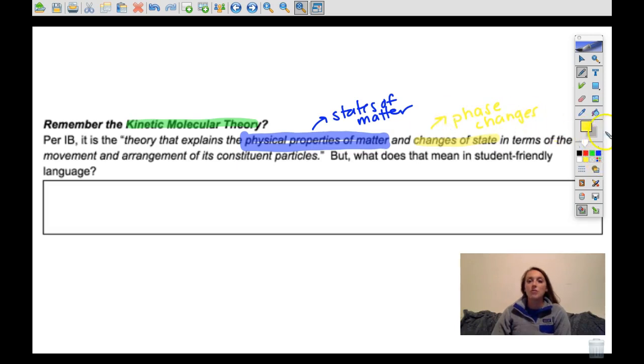In terms of the movement, what they're talking about is the actual movement of the particles, so particle speed.